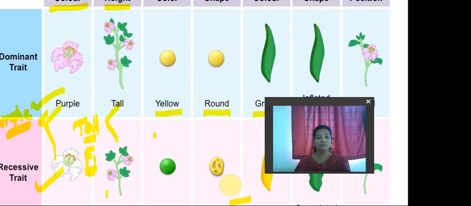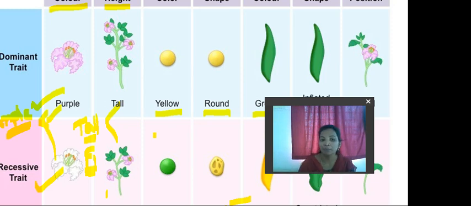So 7 different contrasting characters were chosen by Mendel for his experimental purpose, and these characters appeared constantly in every generation, and the results were as expected, with no change and no mutation. That means no sudden heritable changes.